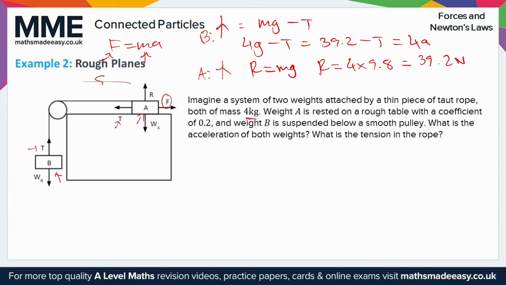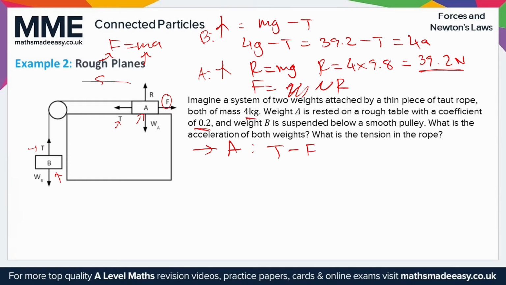Okay, so what else can we solve for? Well, we can solve horizontally for A. What's the resultant force going to be horizontally? You're going to have the tension, because we know it's moving left, so it's the tension, take away whatever friction does. Well, friction is F equals mu R, okay? We know mu is the coefficient of friction, which is 0.2, and we know R is 39.2.